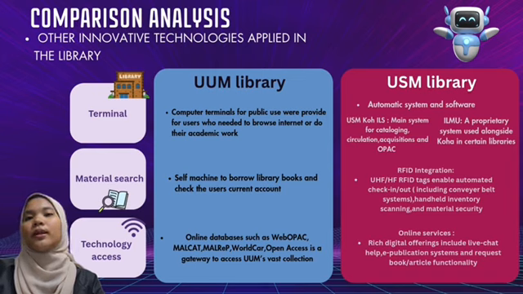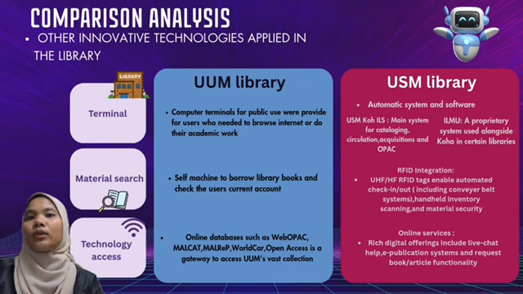Next, we move to material search. For UUM Library, this library uses a self-check-in machine to borrow a library book and check the user's current account. And then material search for USM Library is RFID integration, UHF/HF tag enabling automated check-in and check-out, including conveyor belt system, handheld inventory scanning, and material security.